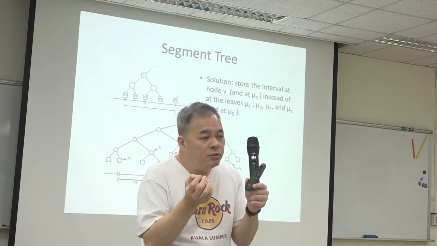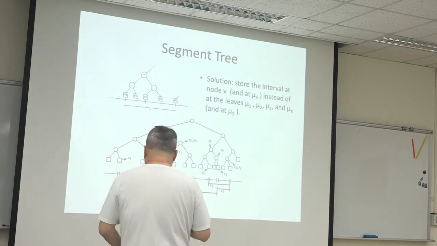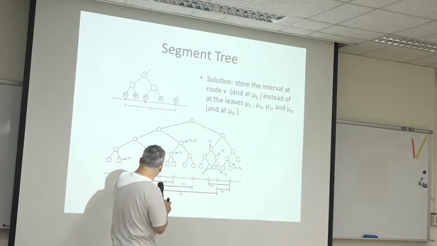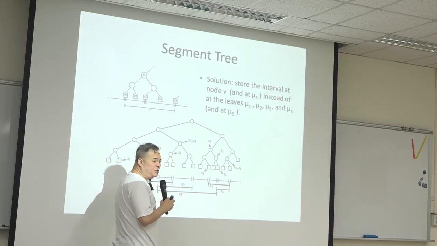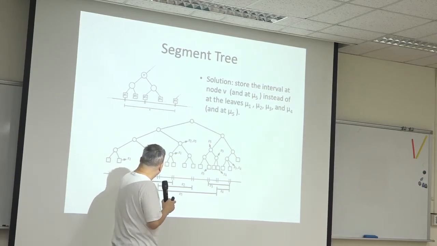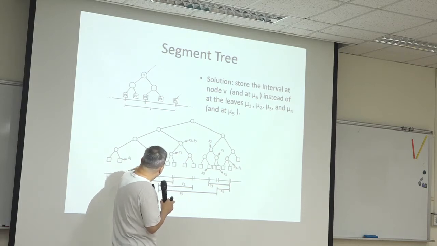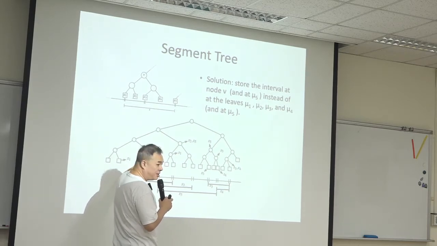Storing S1 at every leaf node here is not that efficient, right? We can push the storage of S1 to the parent, right?